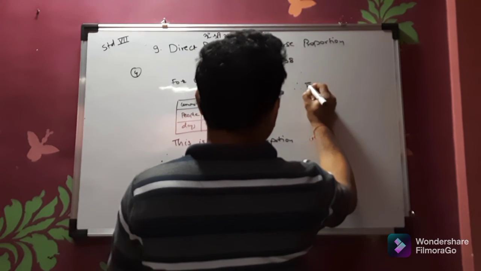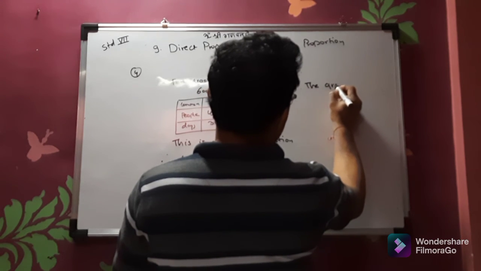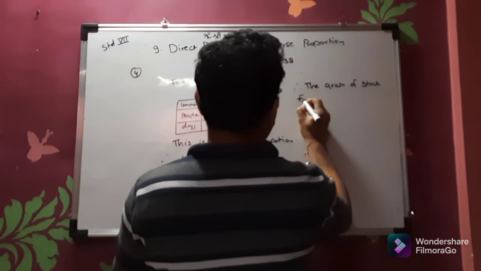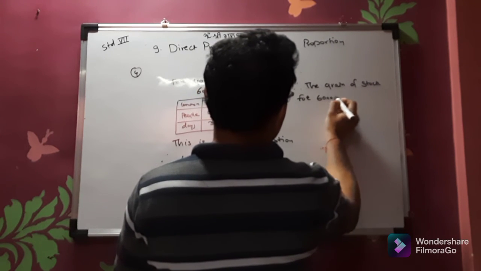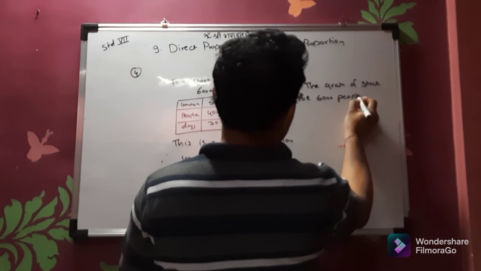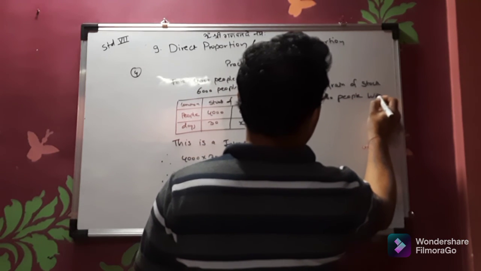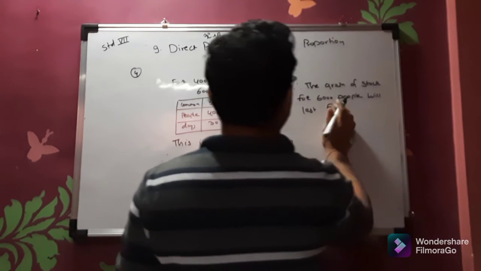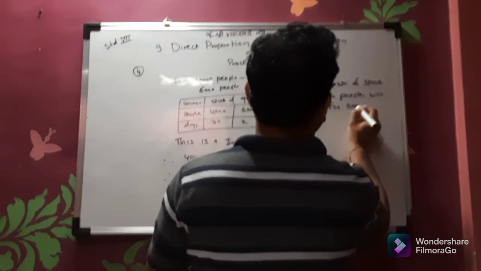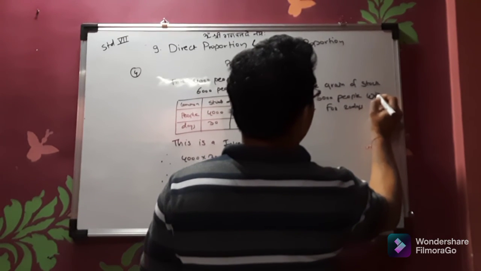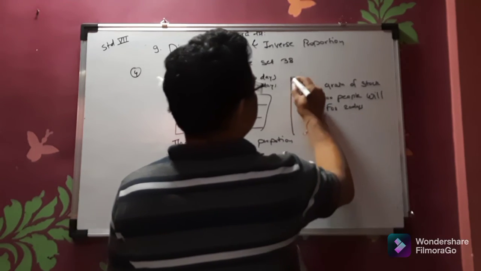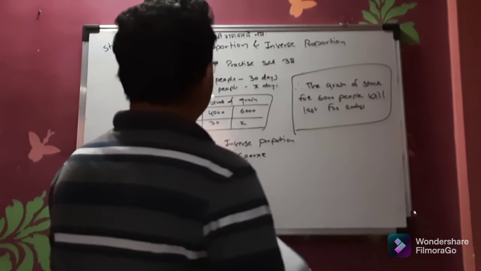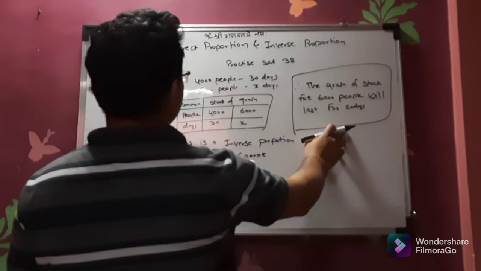The stock of grain for 6,000 people will last for 20 days. So this is the answer of this question.